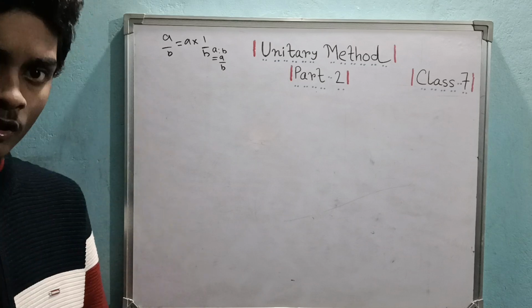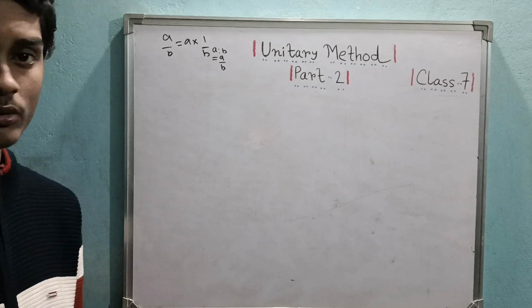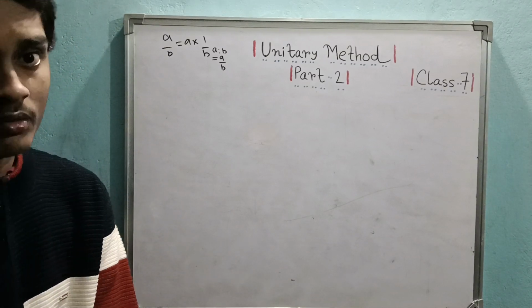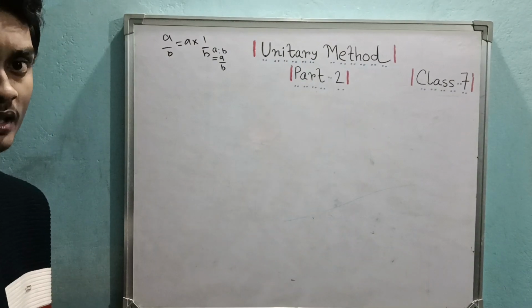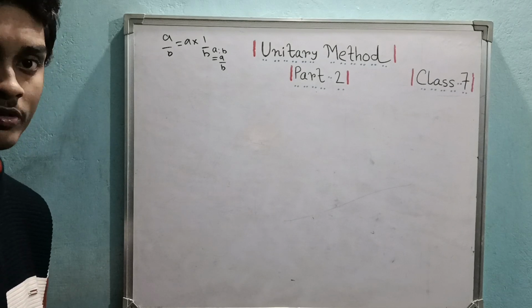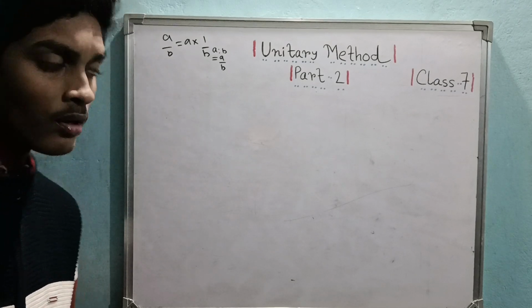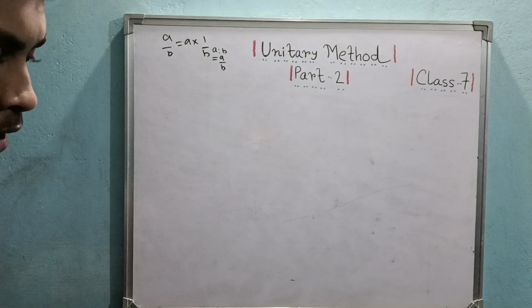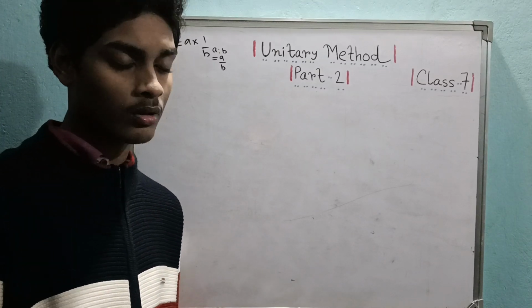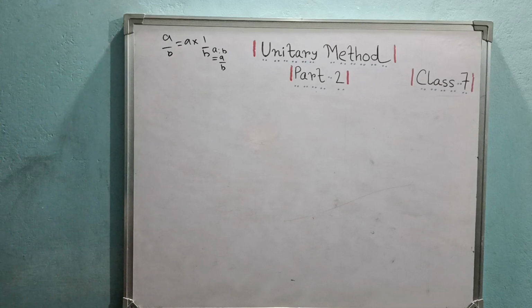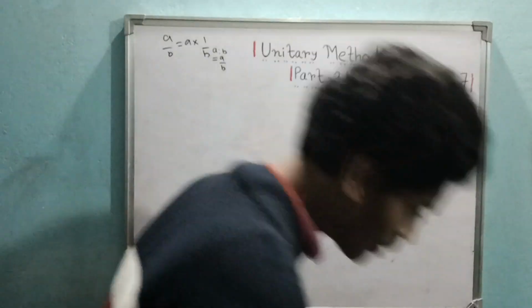If increase is to increase, you can use this method. Decrease is to decrease, you can use this method. But if increase is to decrease or decrease is to increase is happening, then you can't use this method. So that's one disadvantage of the proportion method. But wherever you can figure it out, you can use this method because it will make your work a lot easier. But as the chapter is unitary method, you should also do the unitary method in each of the questions. So let's move to the next one.